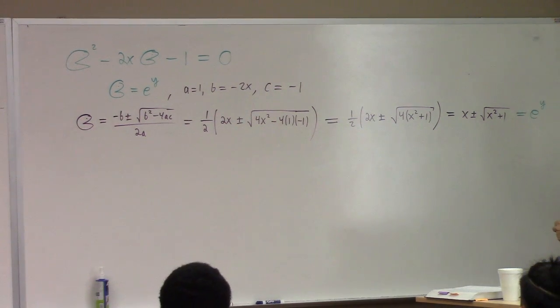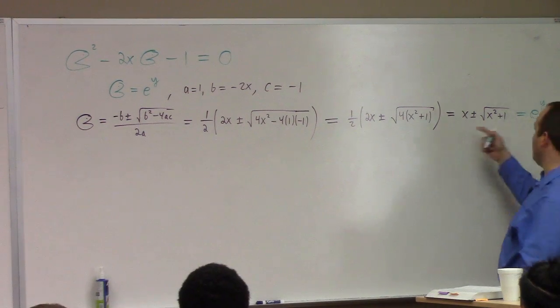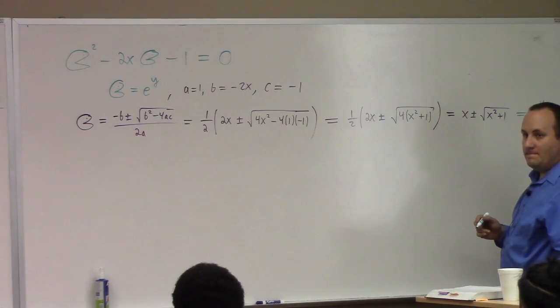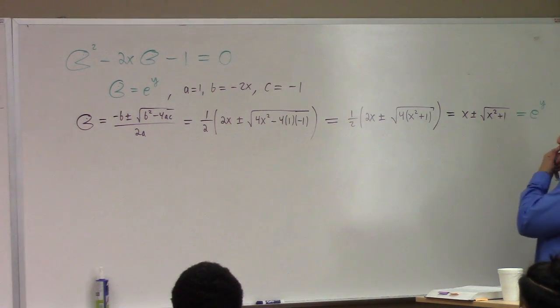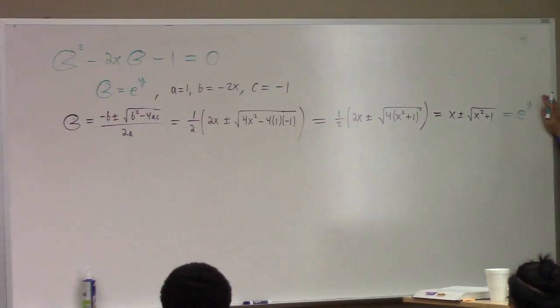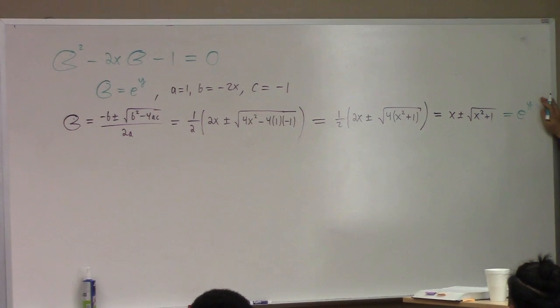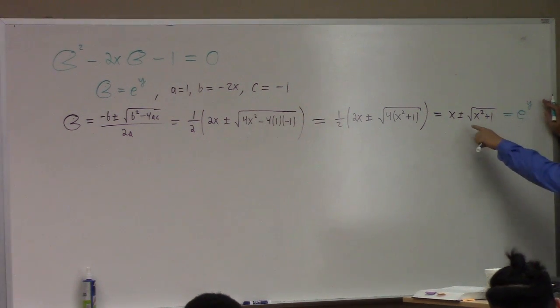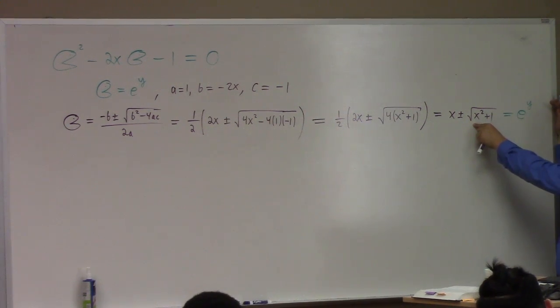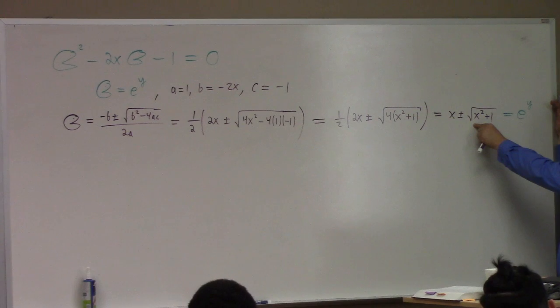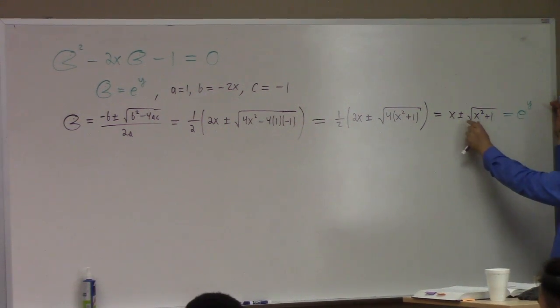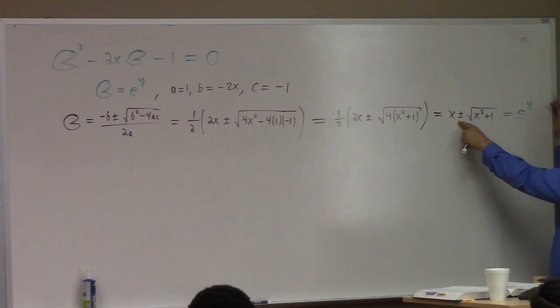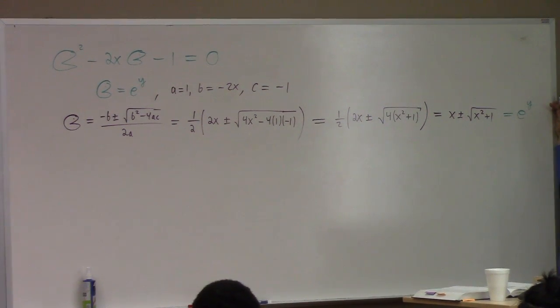So then what do we do? Yeah, solve for y. How do you solve for y here? By the way, one of these solutions is extraneous. The square root of x squared plus 1 is always larger in magnitude than x, so the minus is always going to give us a negative value.